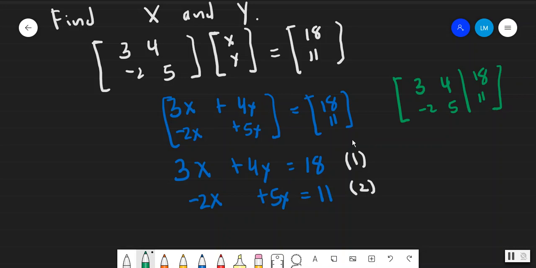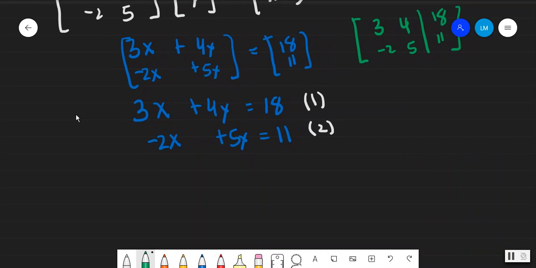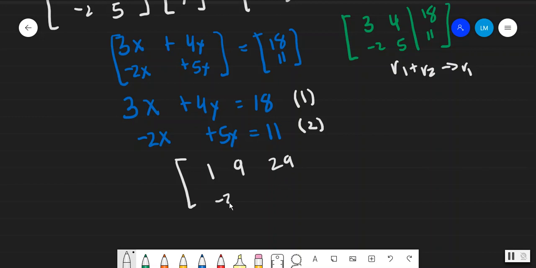Now, what you can probably do here is just go ahead and find the values which give you the solution. So you could always say, well, row 1 plus row 2 gives me a new row 1. Why? Because I need to get this to be a 1. So that'll be 1, 9, 29, and then I have -2, 5, and 11.